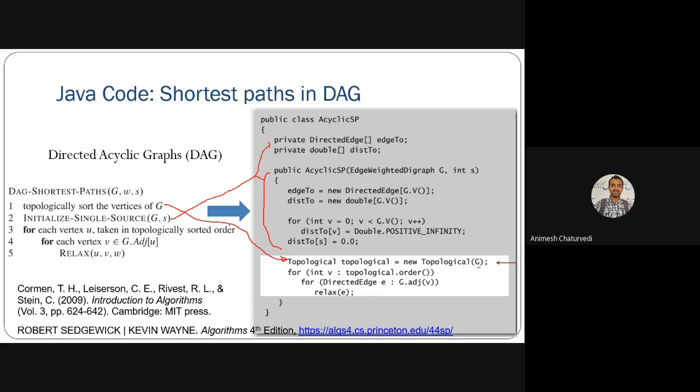Thereafter, for each vertex you start doing the topological sort based selection for doing the relaxation. So for each edge E in the topologically sorted vertex V, you do the relaxation.